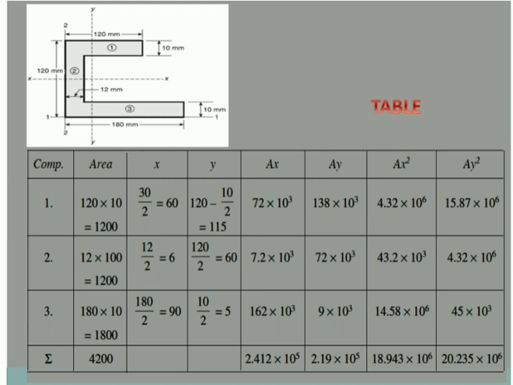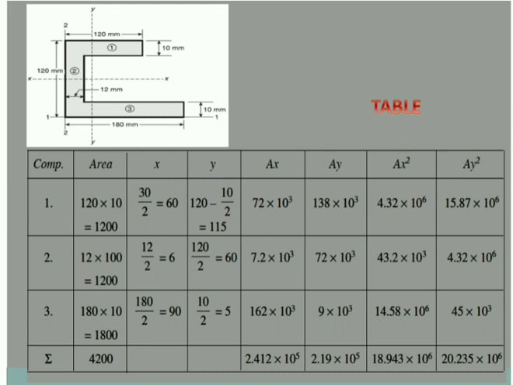It is not the height of the second component, because if you want that height, you have to subtract the bottom 10 and top 10, which we will do in the next step. Then find ax, find ay, find ax square and find ay square. As the table becomes too long, I have split the table. The next part you will get in the next screen.